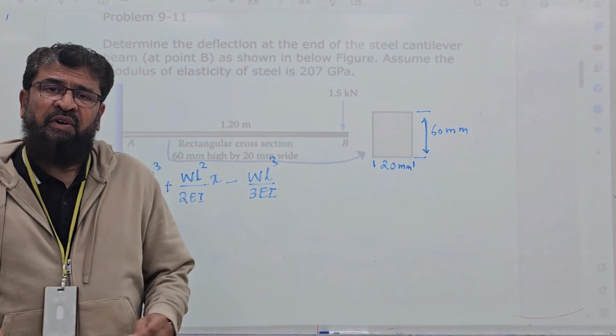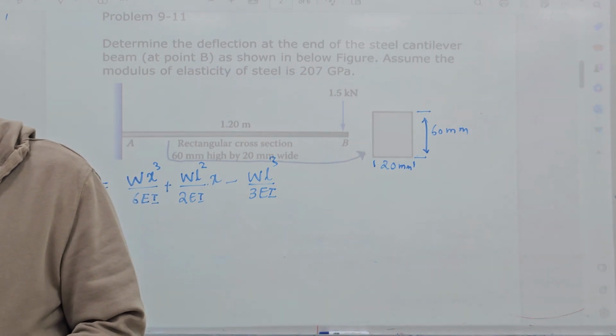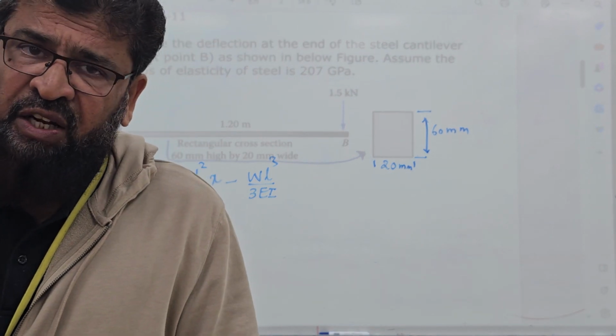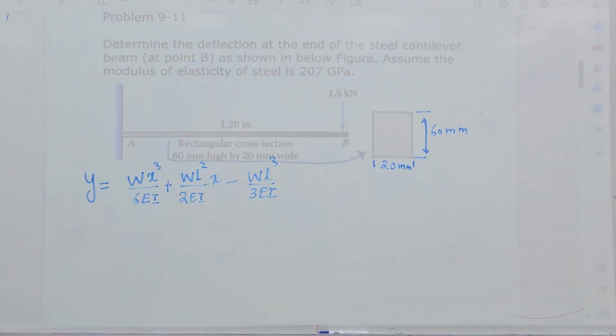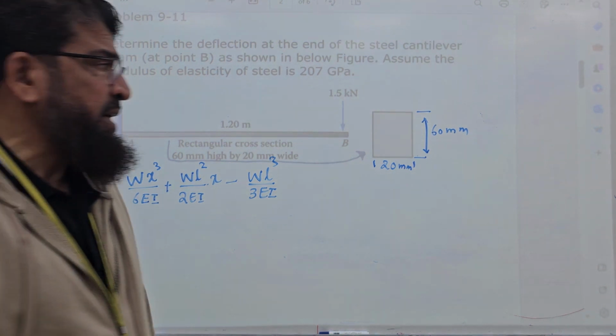This is the general formula for the deflection of the beam when a concentrated load or point load is applied at the free end.